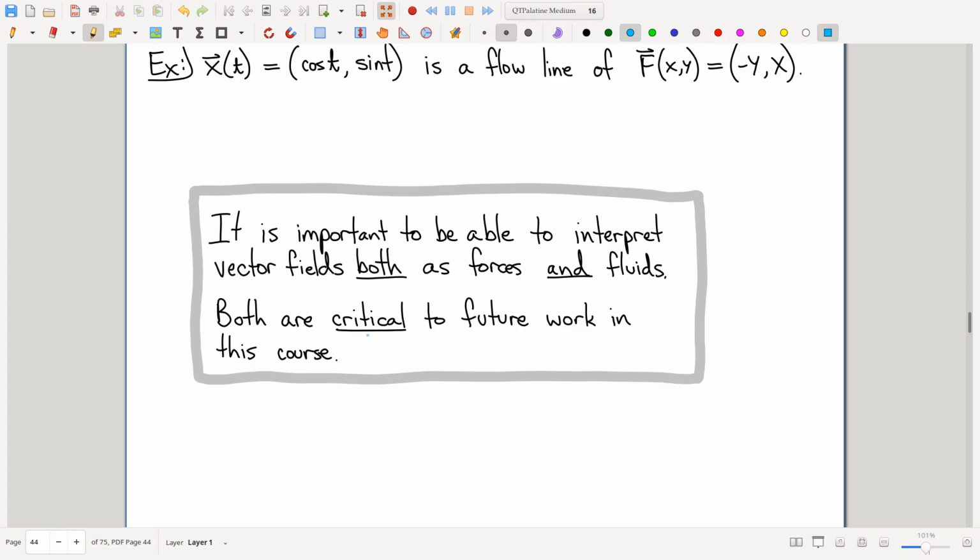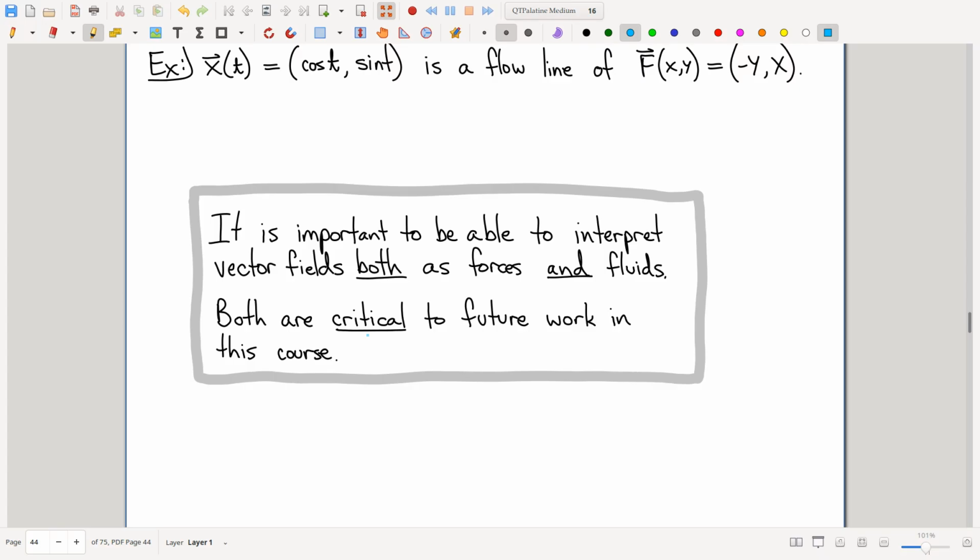There are some very important physics applications that we're going to need to be able to do in chapters 6 and 7 that pretty much only make sense in the context of doing the vector field as representing forces. That has to be something that you're comfortable with, because that's going to be the only thing that will really make real sense.